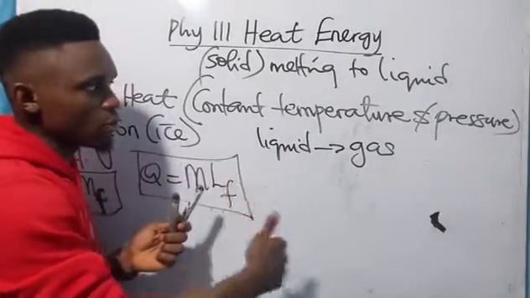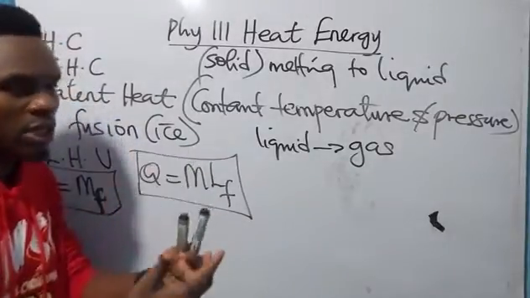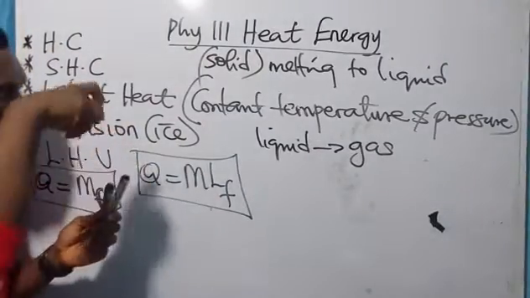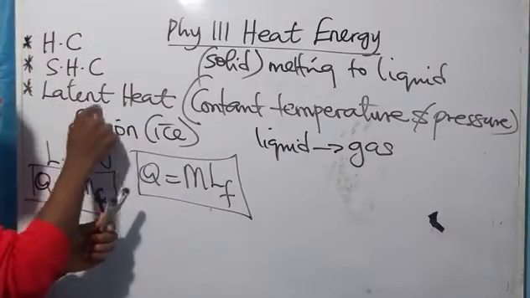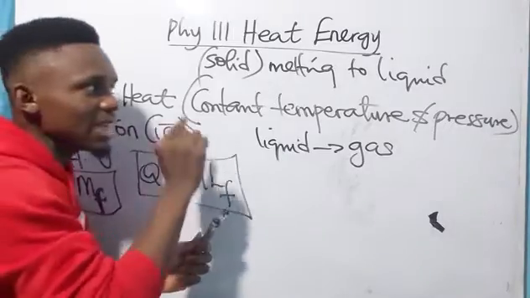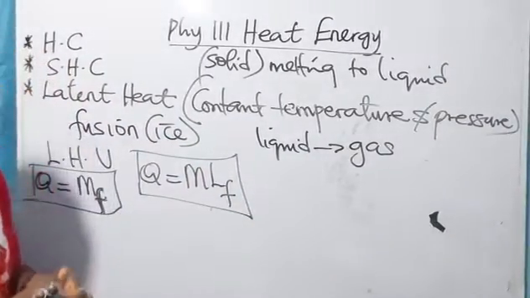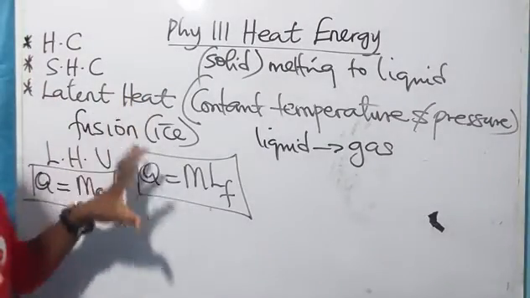The quantity of heat required to change the unit mass, please, unit mass must be stated in specific latent heat of fusion and specific latent heat of vaporization. That is unit mass. It is very important. All of these are scalar quantities.